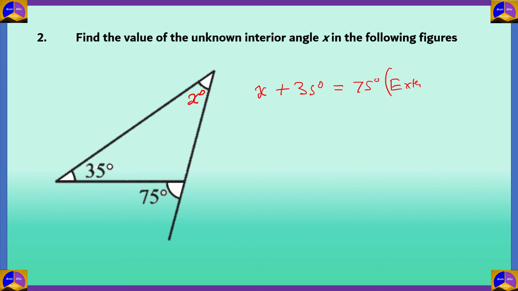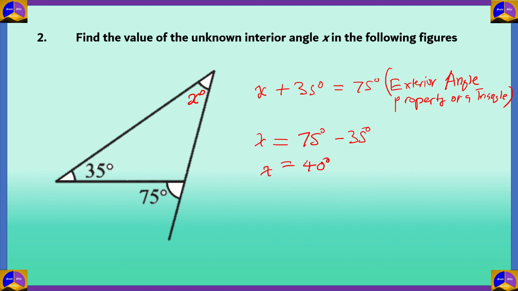Reason: exterior angle property of a triangle. So to find x, we take plus 35 degrees to the other side. So x is equal to 75 degrees minus 35 degrees, which is equal to 40 degrees. So for this question asked in NCERT, x is equal to 40 degrees.